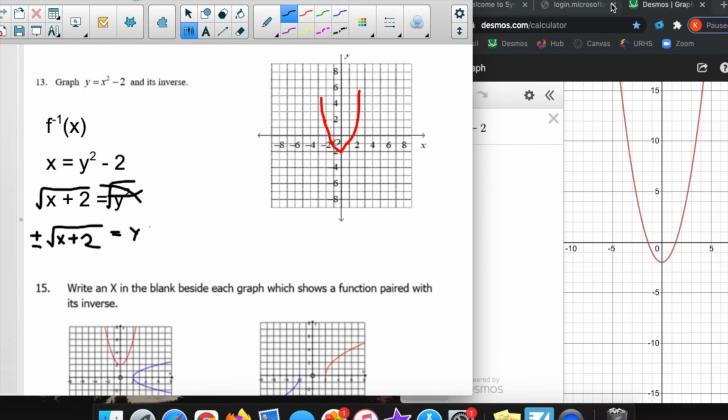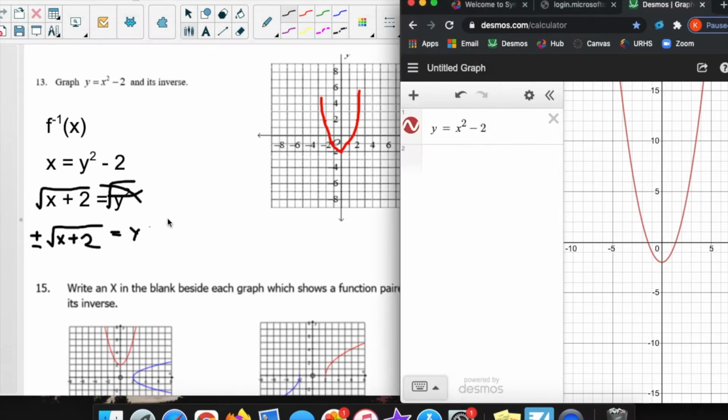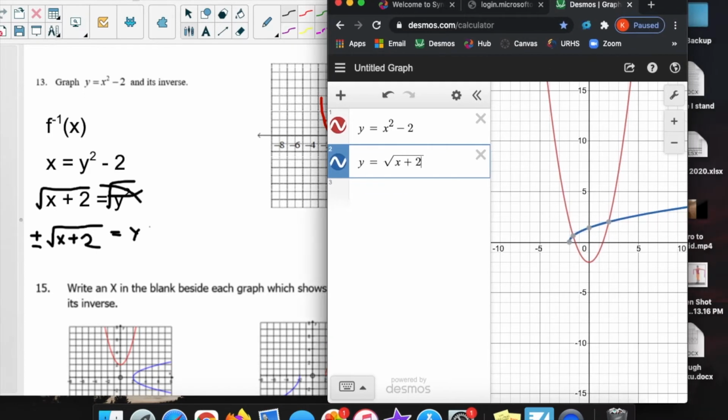Let me show you what it looks like when I graph that. Let me not include the plus and minus at first, so I can show you the difference. So y equals square root of x plus 2. I want you to notice something. The inverse of a function is supposed to be very similar in shape to the original.